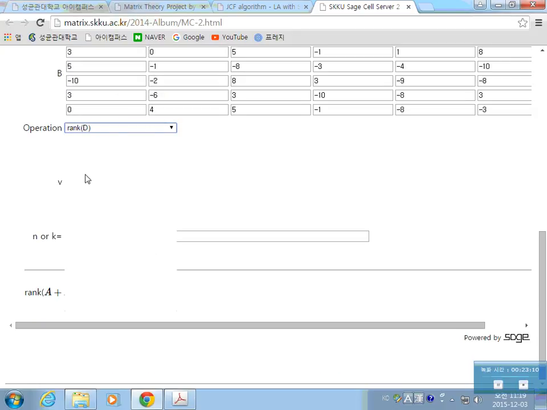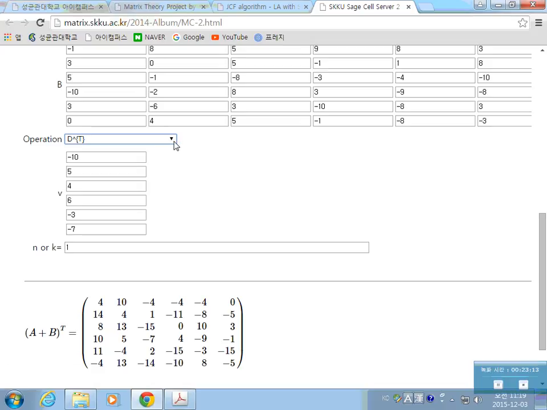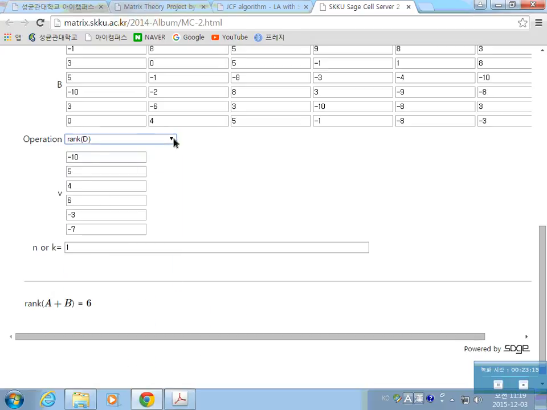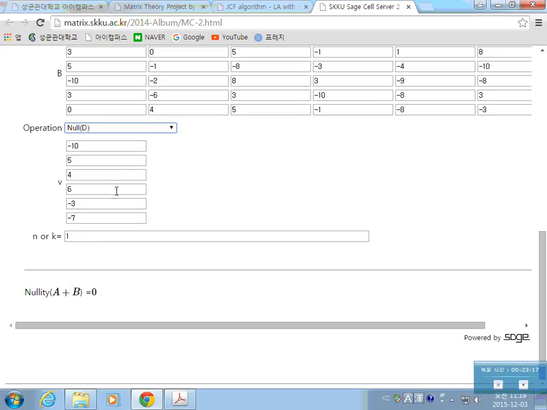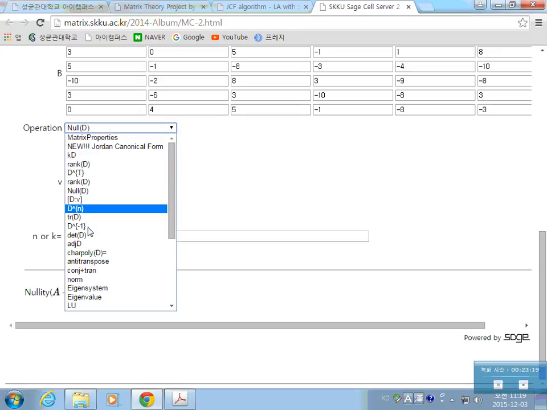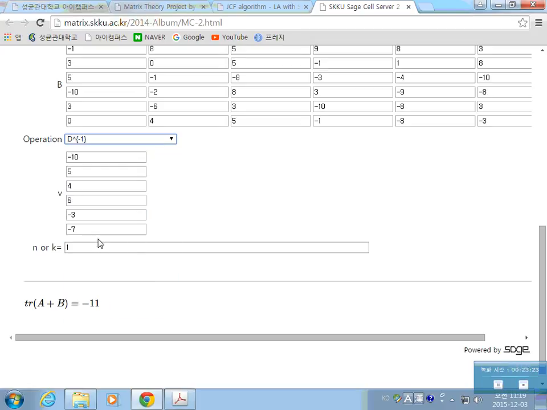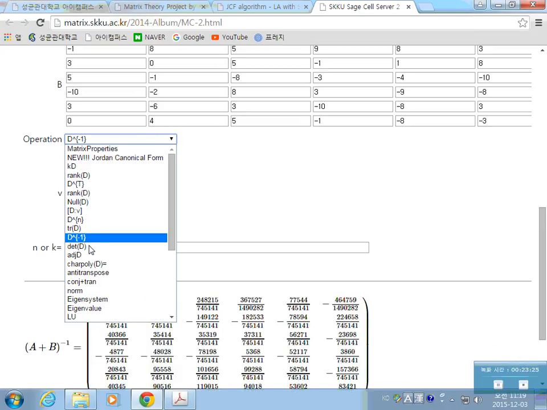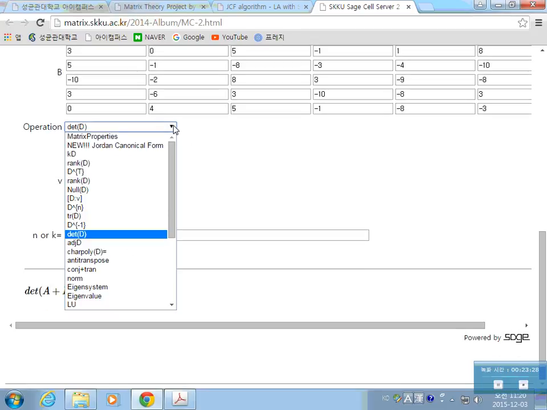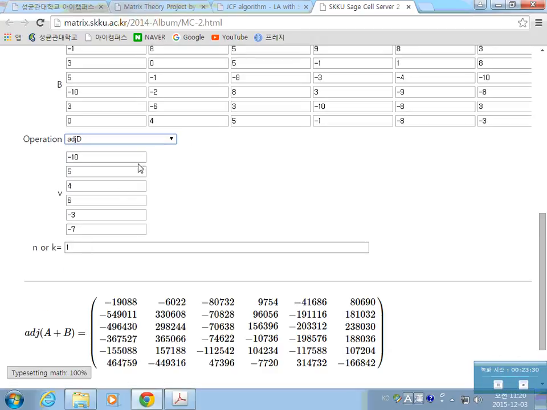You can find the transpose of that matrix. You can find the nullity of this matrix. And you can find the trace of that matrix. You can find the inverse of that matrix. You can find the determinant of that matrix. You can find the adjoint of that matrix.